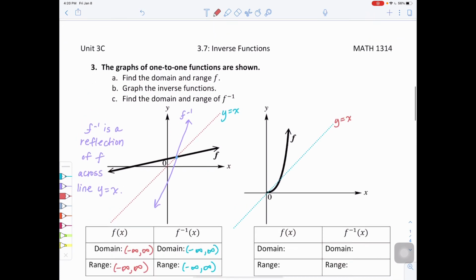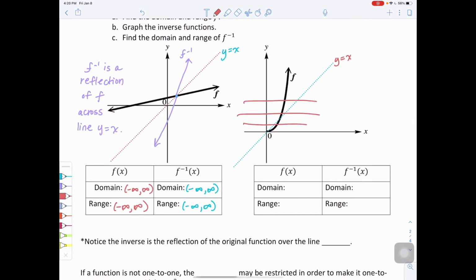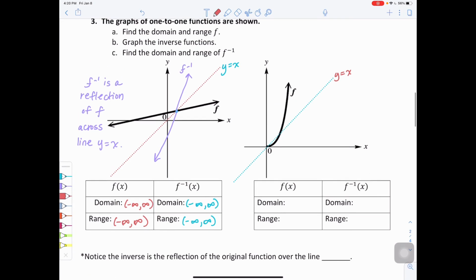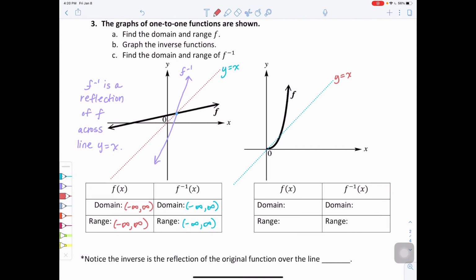And we do have a one-to-one function, so an inverse does exist. Let's go ahead and write the domain. The domain of this function is 0 to infinity, and the range is 0 to infinity as well.